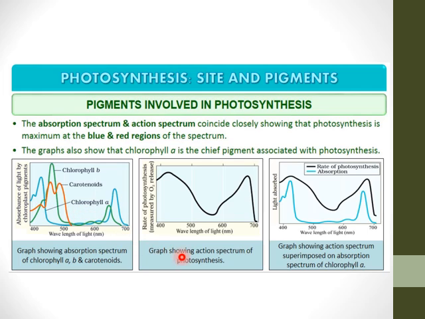This is the graph showing the action spectrum of the photosynthesis where the O2 is evolved and CO2 is consumed. So the graph showing the action spectrum is superimposed on the absorption spectrum of chlorophyll A. So these graphs are very important. Go through them very repeatedly.